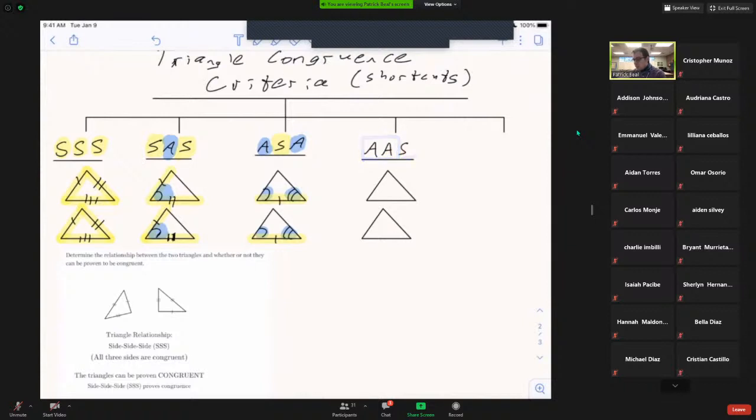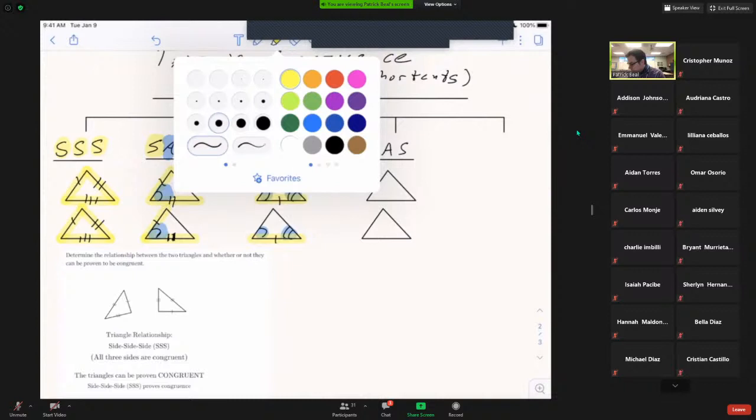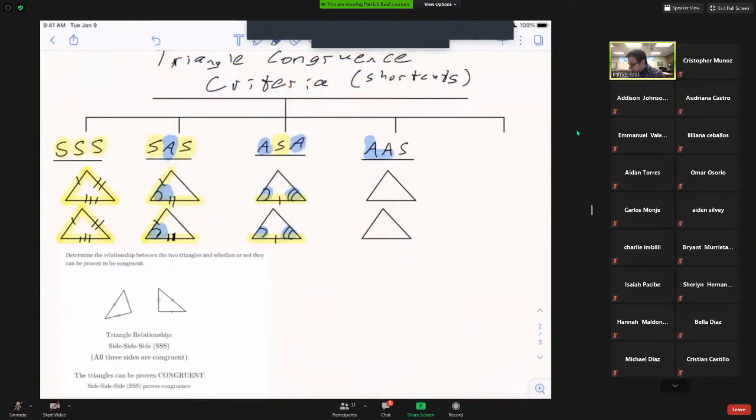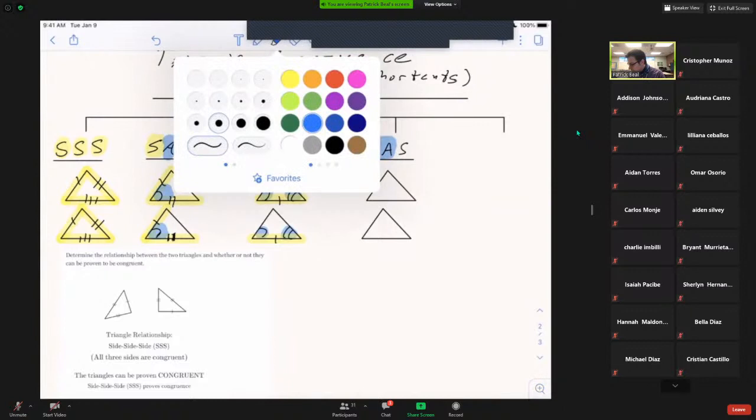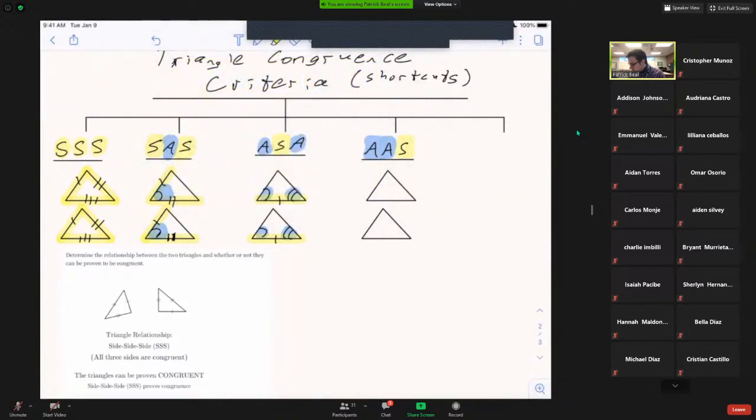But the difference is that this side is not in between the angles. We've got two angles and a side that is not in between the angles. So that would be something like if we had this angle is congruent to this angle is congruent to this angle. There's our blue angles.